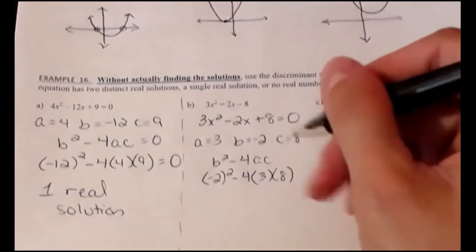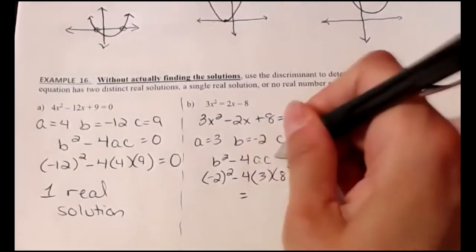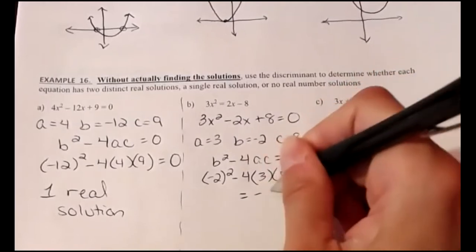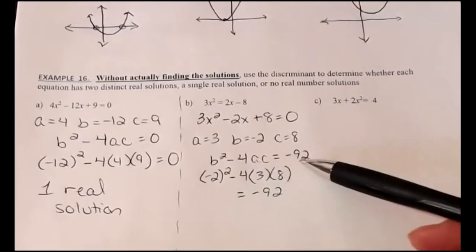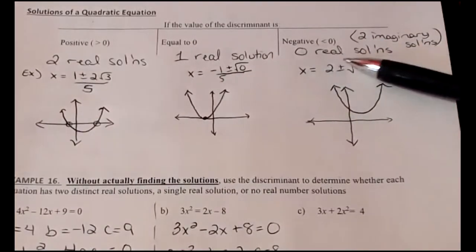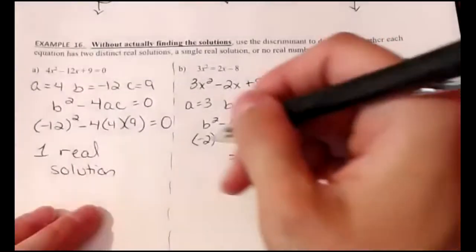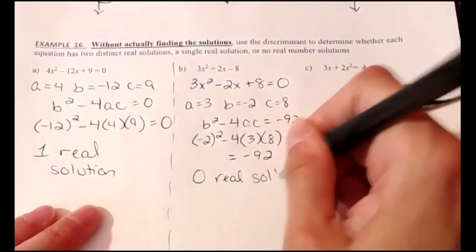And that's going to give me -92. So this is equal to -92 in this case. Because my b squared minus 4ac is negative, what that means is that there are 0 real solutions. I don't know what they are. I just know that this has 0 real solutions.